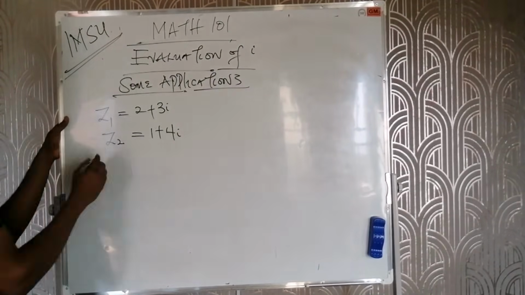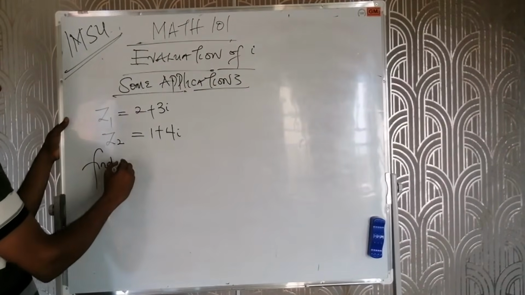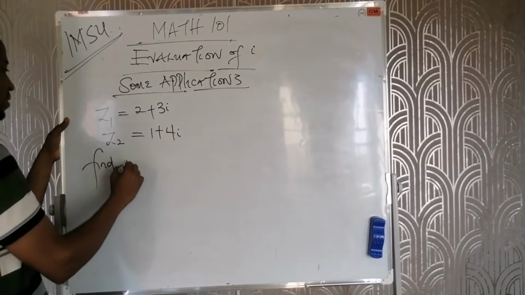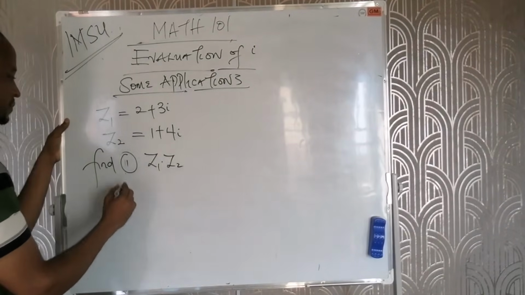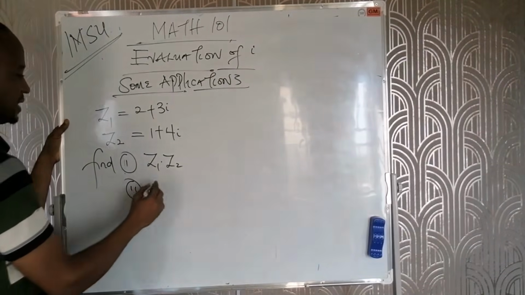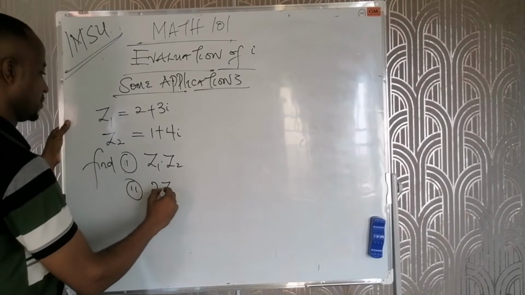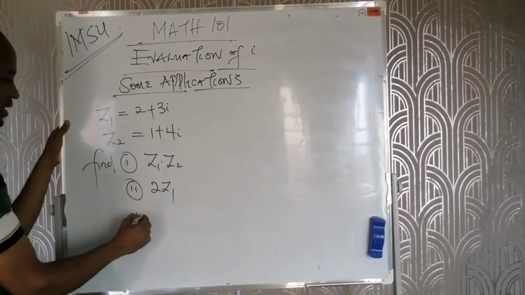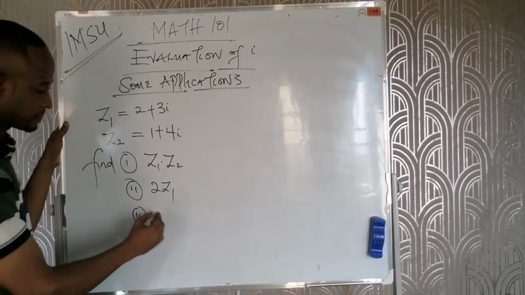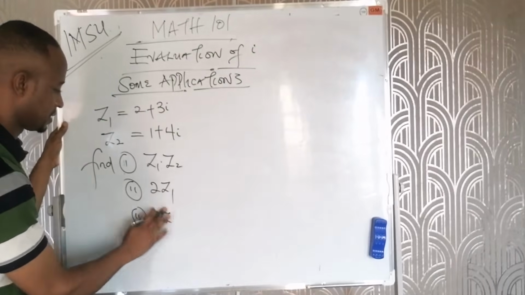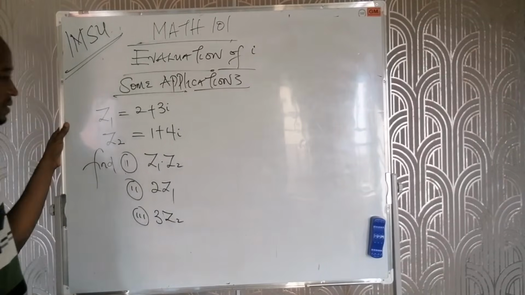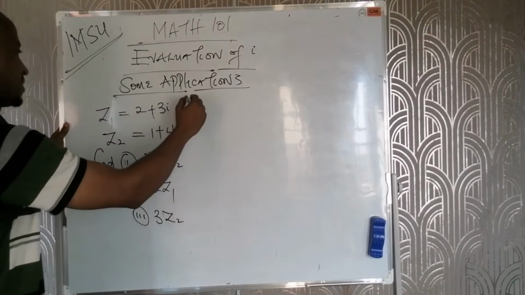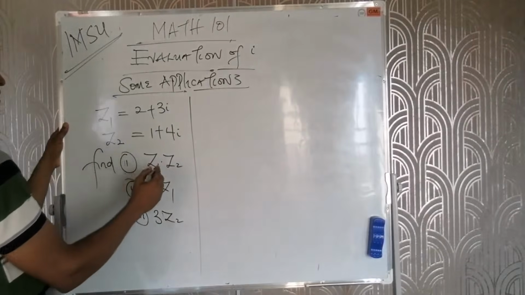So we have to find number 1, z1 times z2. Number 2, we have to find 2z1. Number 3, we have to find 3z2.